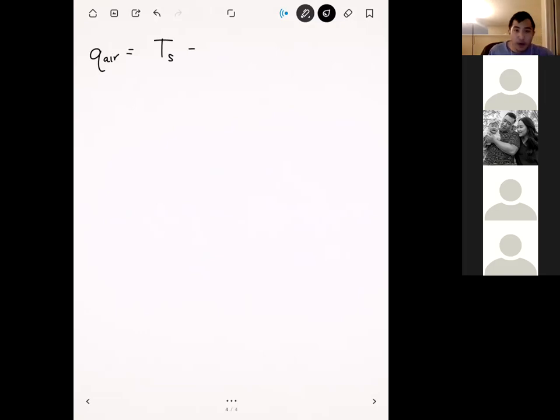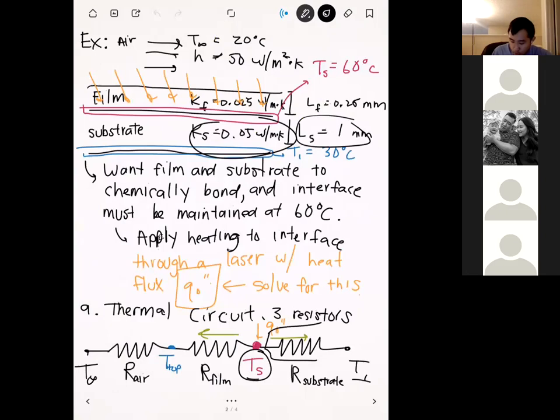And so Q of the air is going to be the difference in the temperatures in between those two nodes. And so we have Ts minus T infinity. And then on the bottom, we write out the sum of all the resistances that lead there. And so in the case of the air, we actually pass through two resistors, right? So we pass through the resistor of the film, and we pass through the resistor of the air.